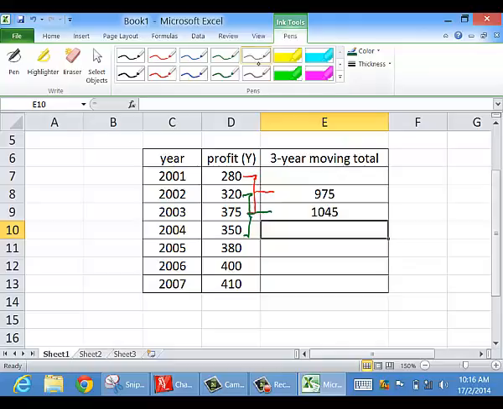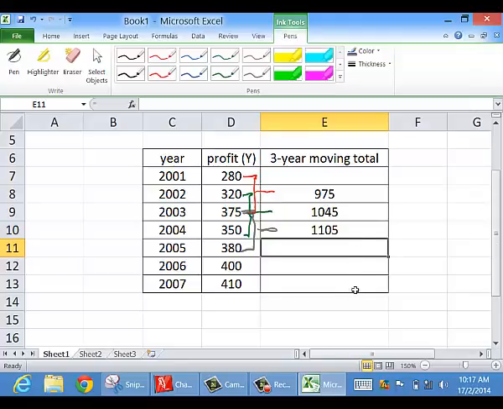Then you move on, considering 375 until 380, and this should be your total, which equals 1105, and so on.